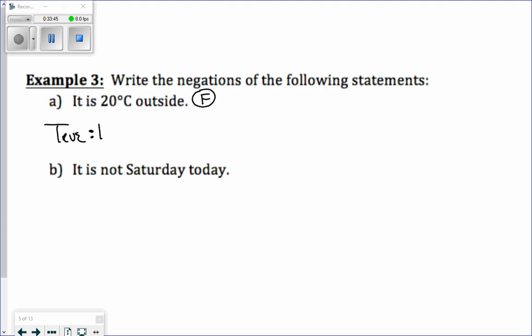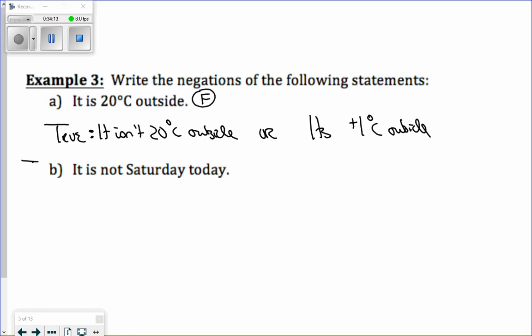You could either say it isn't 20 degrees outside, or you could say it's +1 outside, because that's actually what the temperature is right now. Okay. So notice one uses the word not, the other one didn't, but they're both still true on the same topic.